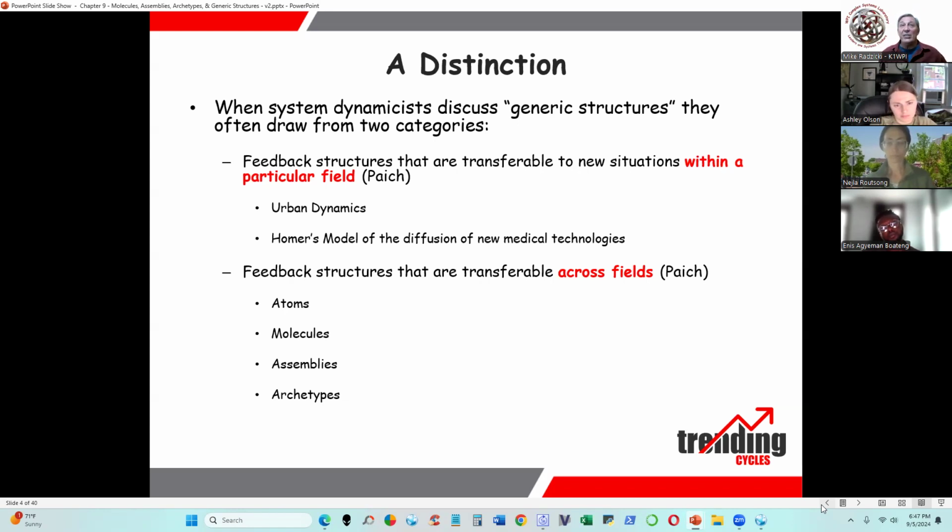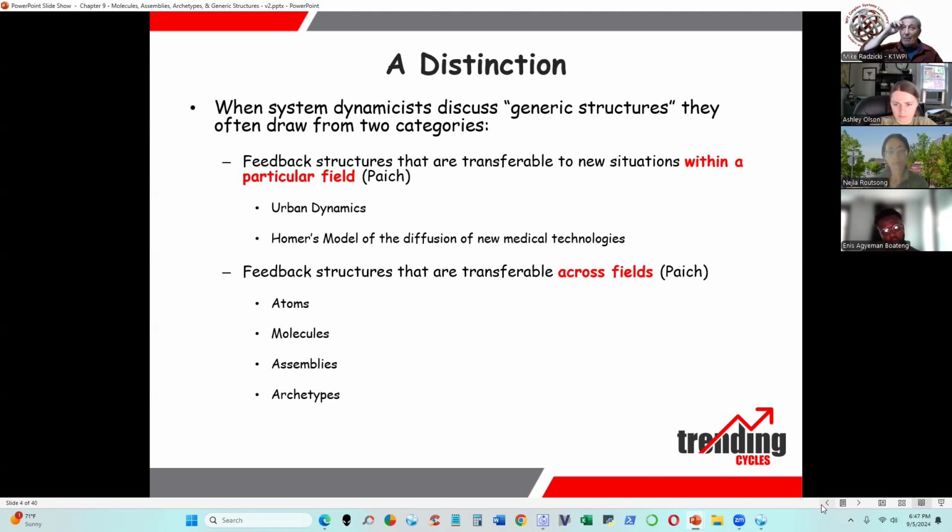He says there are two ways to think about a generic structure. One is feedback structures that are transferable to new situations within a particular field. Like the urban dynamics model, it's of a city, but it could be Chicago or New York or Tokyo or London or Paris, if you parameterize it and modify it appropriately.